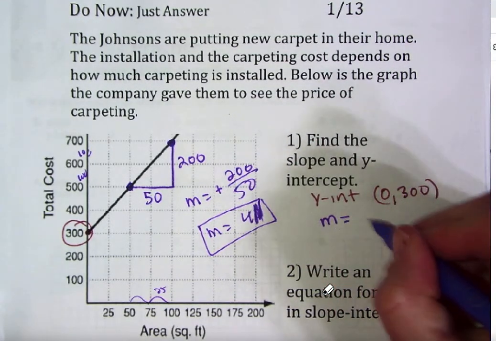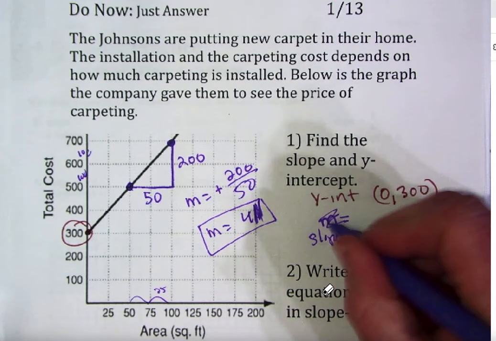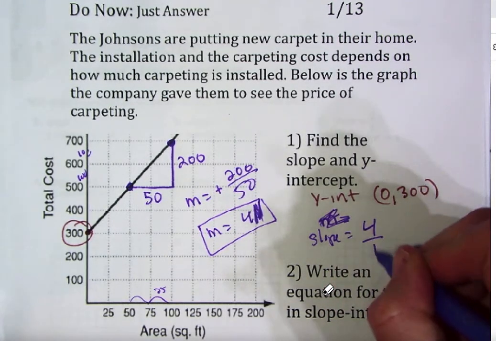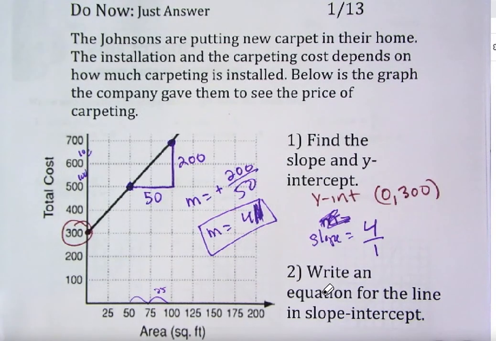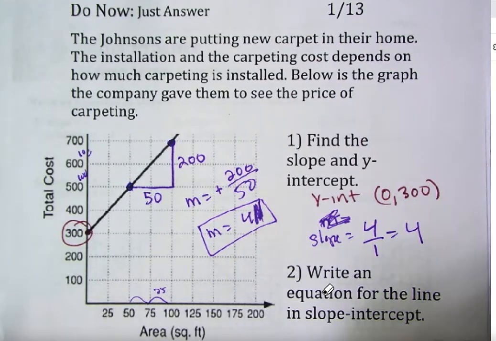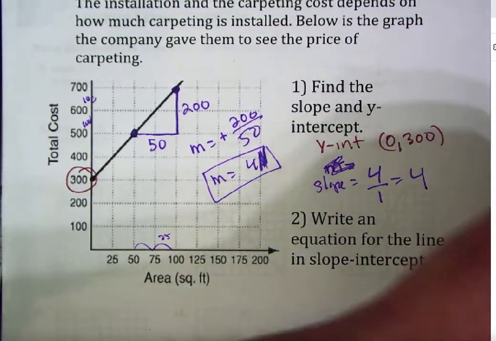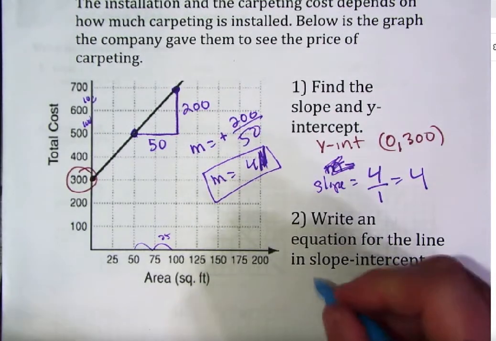We know that our slope, and m is what we use for slope, is 4 or 4 over 1, if we simplify it, just 4. We're going to write an equation for this line in slope-intercept form. By this point, you might be an expert at it, maybe not.